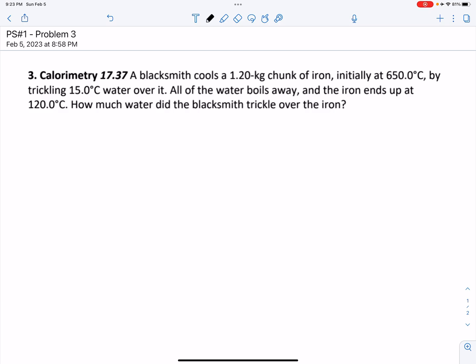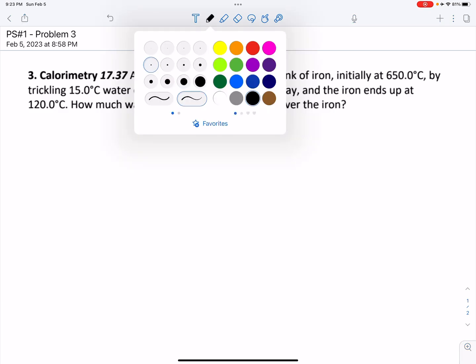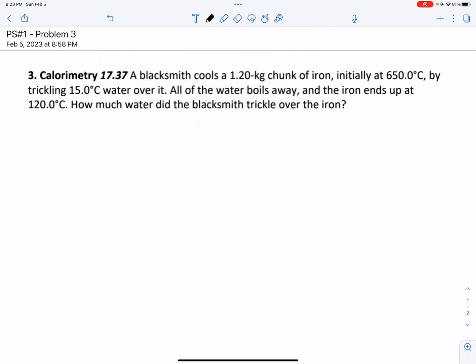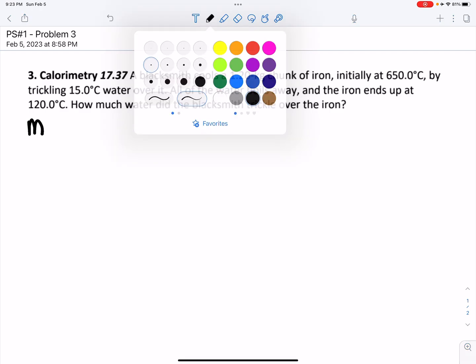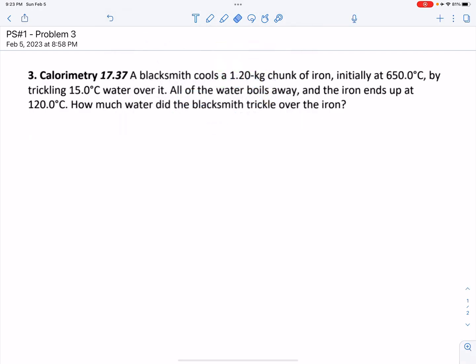Okay, let's start with the givens of the problem. So we have the mass of iron that is given at 1.20 kilograms.